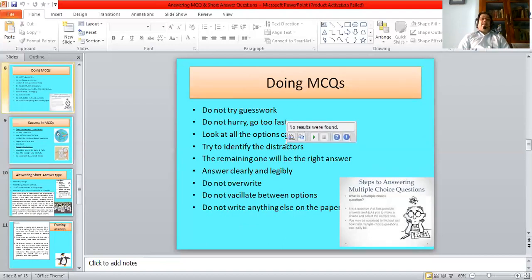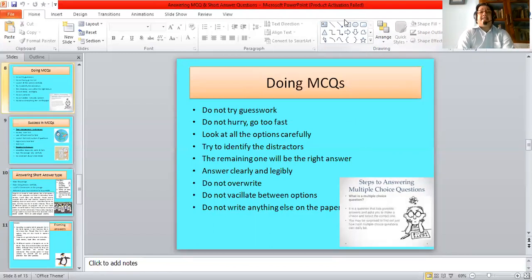Now, what about the doing of MCQs? When you are doing MCQs, it is best not to try any kind of guesswork. If you don't know the answer to the question, leave it. Don't try to solve it by guesswork. Neither should you go very fast or try to hurry when you are solving the MCQs, because sometimes it might happen that you know the answers, so you are in a jubilant mood as you start the exam, and then you go so fast that you miss out some points in the questions.